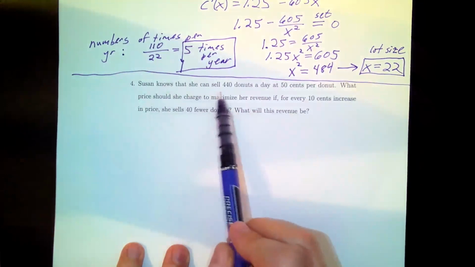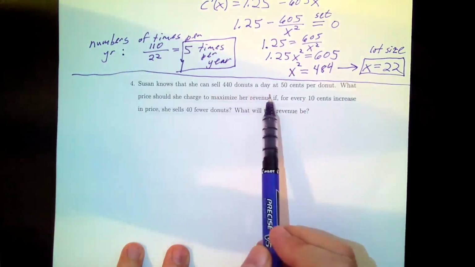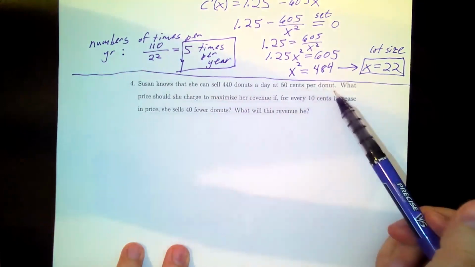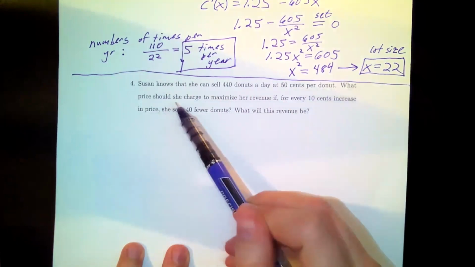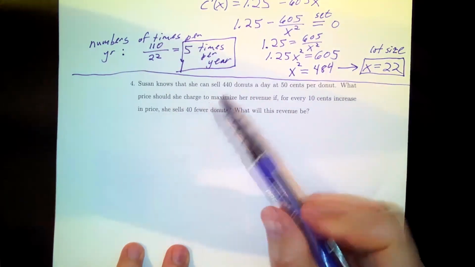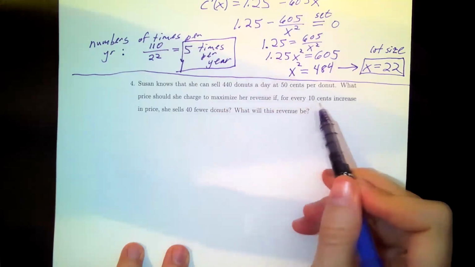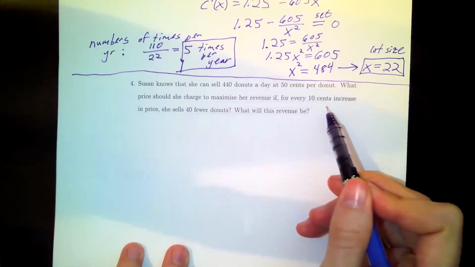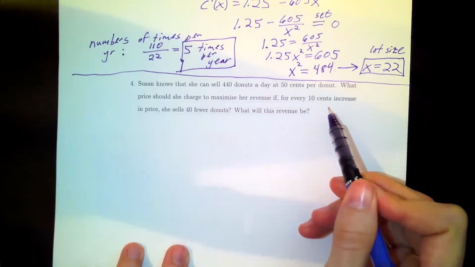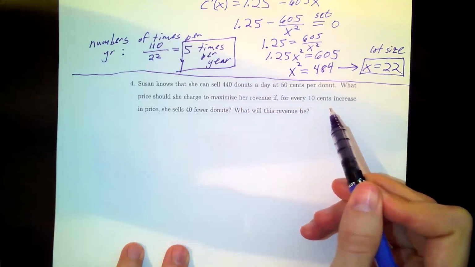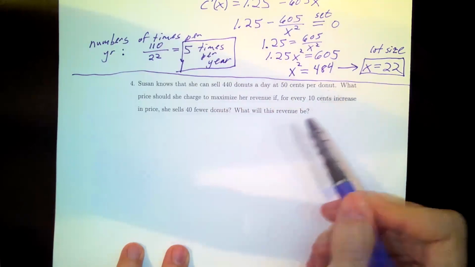Susan knows that she can sell 440 donuts a day at 50 cents per donut. What price should she charge to maximize her revenue if for every 10 cents she increases the price, she sells 40 fewer donuts? And then what would this revenue be?